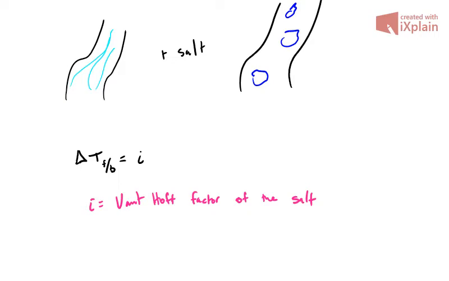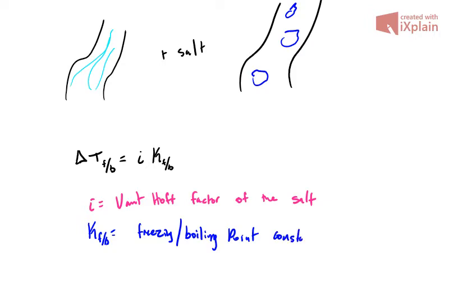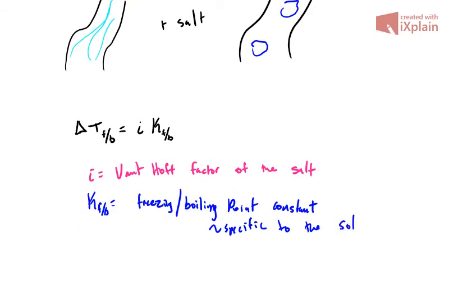And then we have KF/B, which is a freezing/boiling point constant. You guys might be able to hear the sirens in the background. It is specific to the solvent.